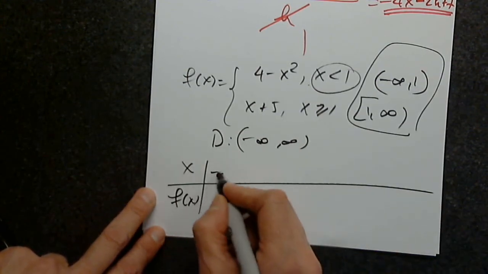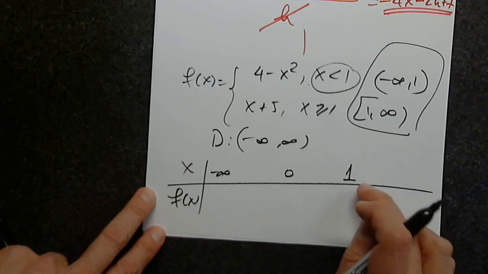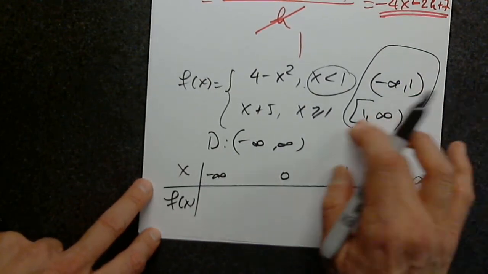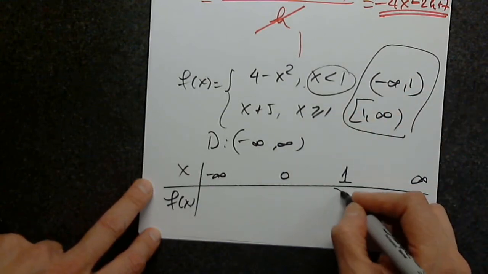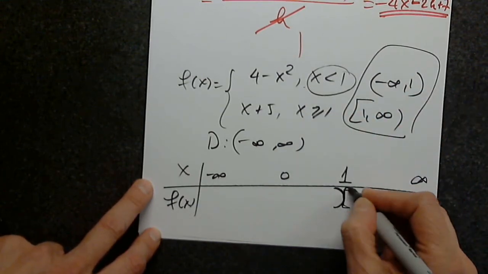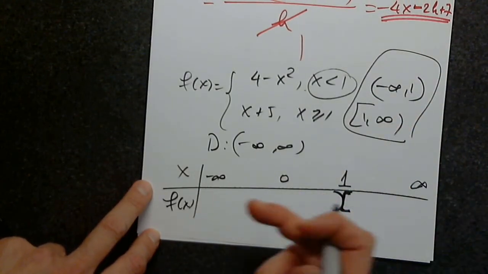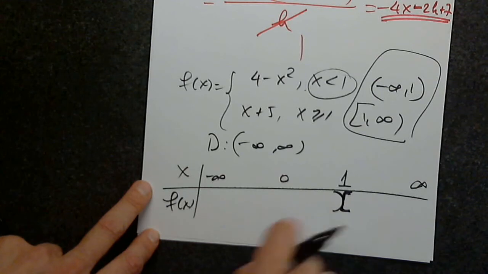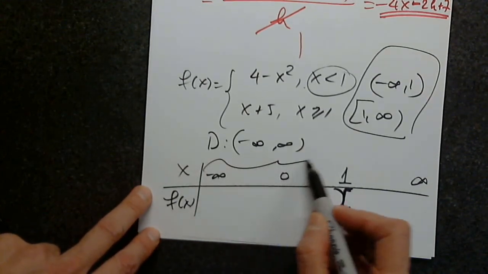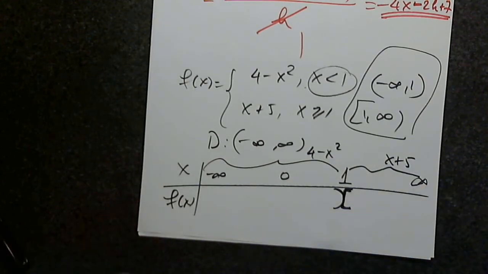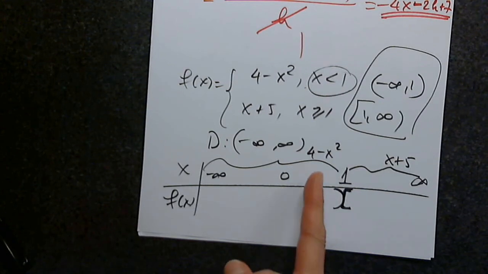So I have to have 0 and definitely 1 in the chart, because at 1 something very important happens: the function changes from one branch to the other. I have to put the parenthesis facing this way and the bracket facing that way. Here the function is 4 minus x squared, and here it is x plus 5. Now forget about this function for a moment and just focus on 4 minus x squared.